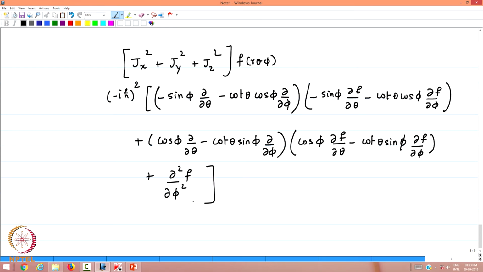And then of course, when you get the simplified expression, you will see that f is an arbitrary function.